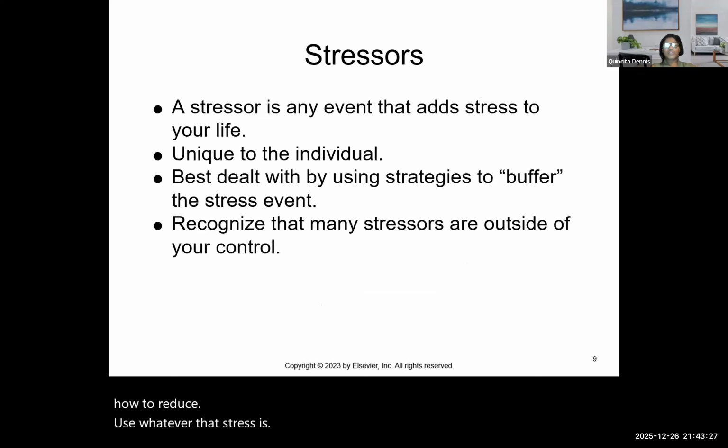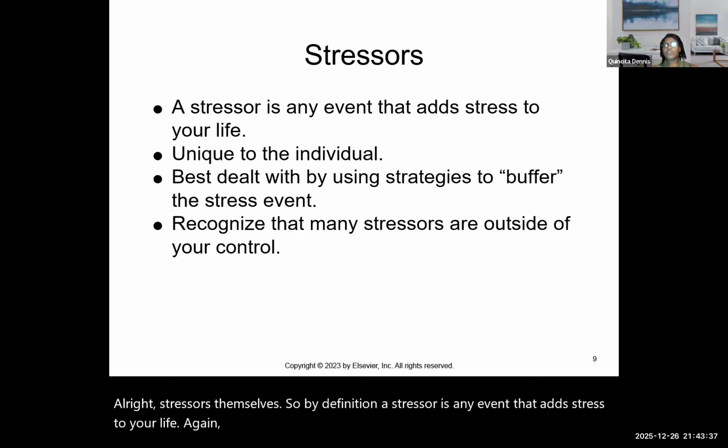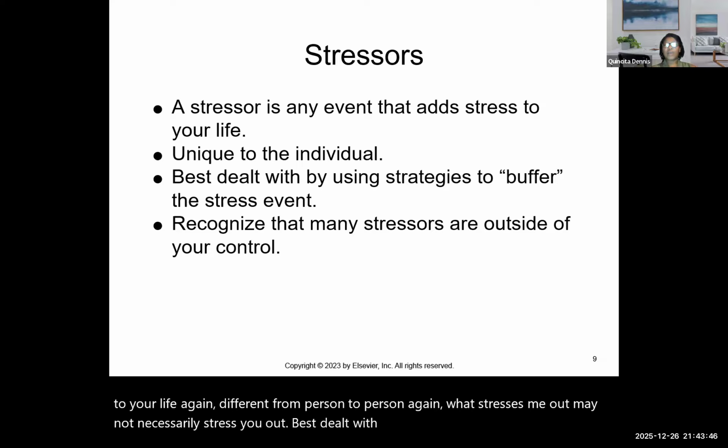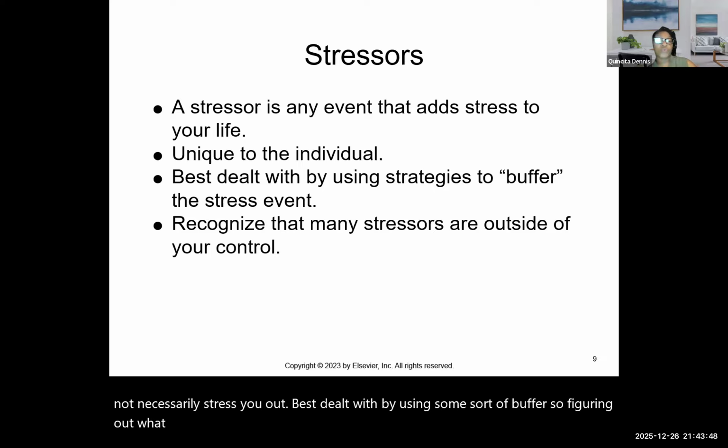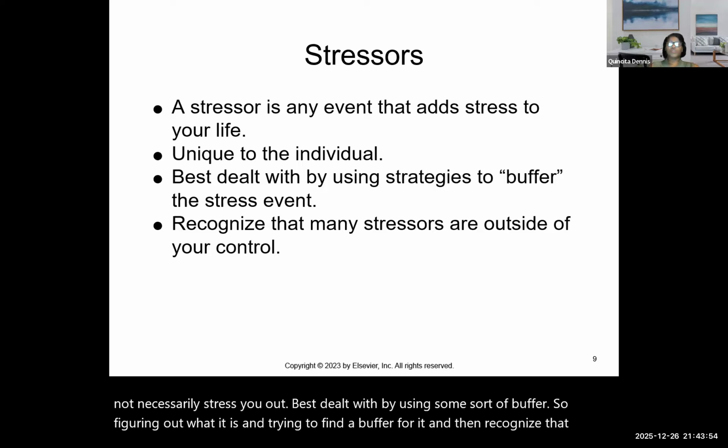All right, stressors themselves. So, by definition, a stressor is any event that adds stress to your life. Again, different from person to person. Again, what stresses me out may not necessarily stress you out. Best dealt with by using some sort of buffer. So, figuring out what it is and trying to find a buffer for it. And then recognize that some stressors are going to be outside of your control.